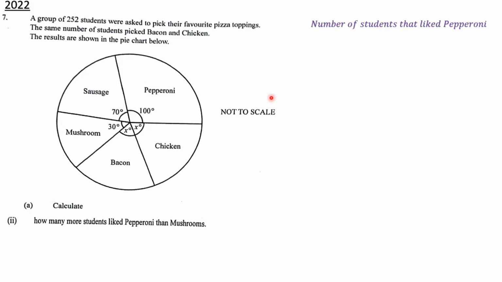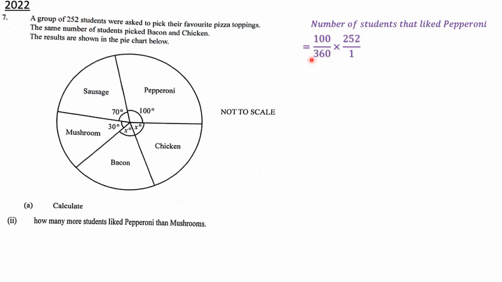And so we have the number of students that like pepperoni, and we're going to get that because we have 100 over 360. It's over 360 because we know angles in a circle add up to 360 degrees. So it's 100 over 360 multiplied by 252 over 1, because it's 252 students.